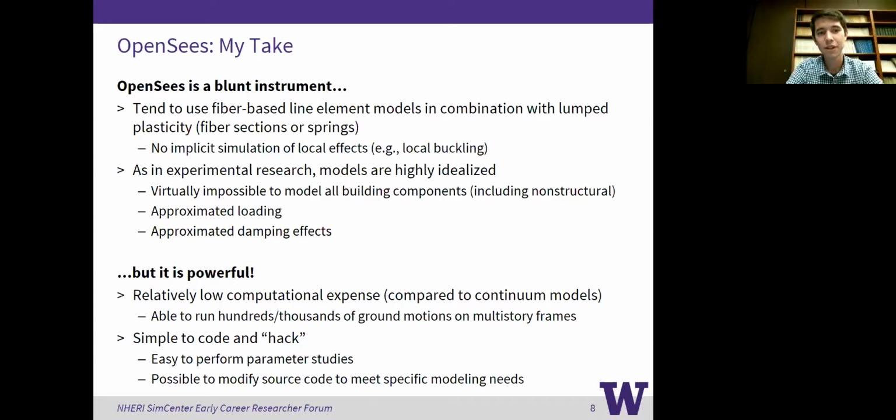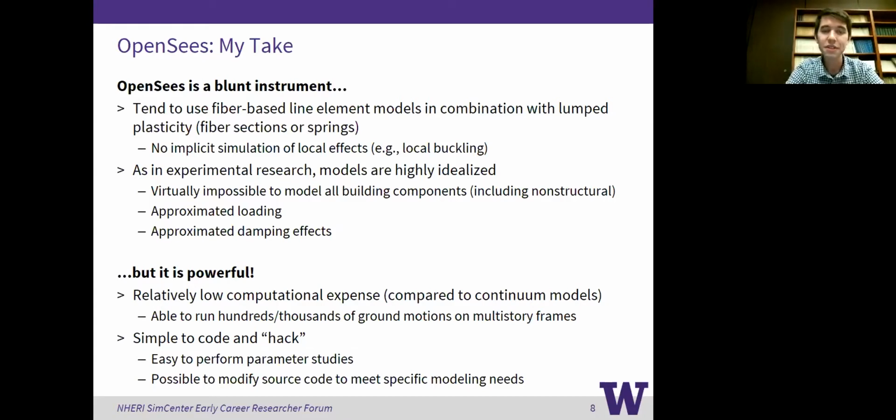And then we make some approximations about how things are loaded in terms of the gravity loads, approximations for damping effects, perhaps due to those non-structural components. And so we've got to understand, you know, it's a powerful tool, but it has its limitations, and we need to recognize that when we draw conclusions based off of it.